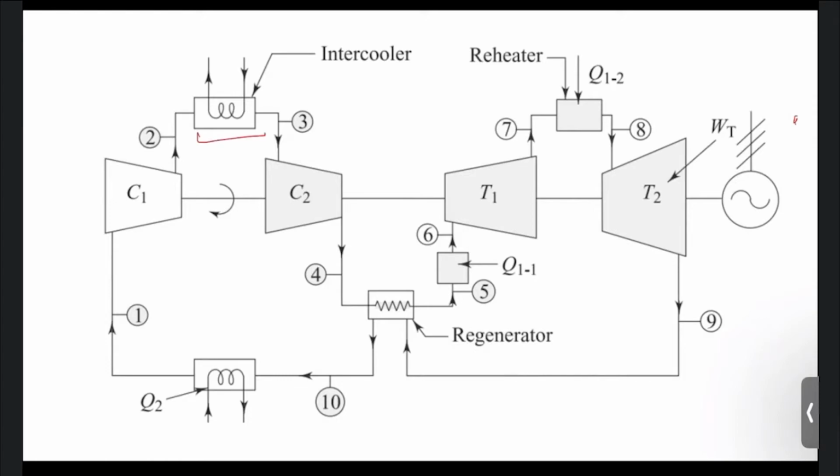This is where the intercooling is applied. The reheating is applied between the low pressure turbine and the high pressure turbine. Okay, and regeneration occurs to use the exhaust heat to raise the temperature of the air that is coming from the compressor and going to the turbine. Okay, here the regeneration occurs.